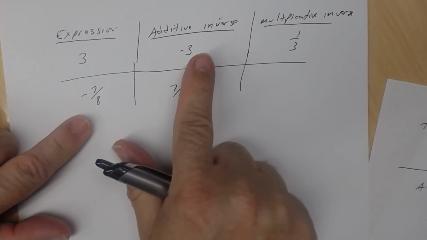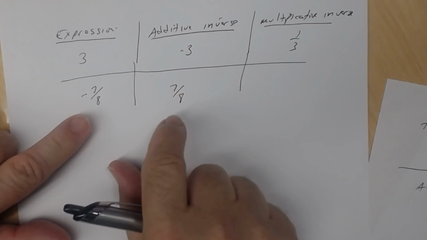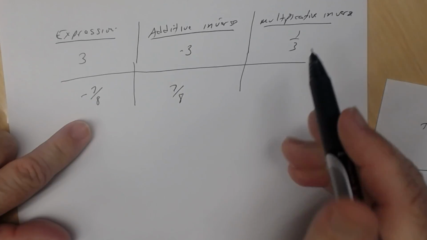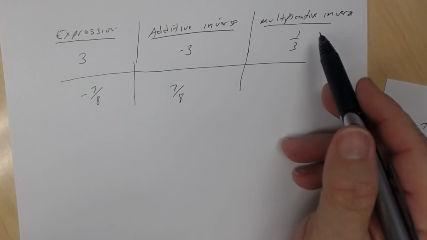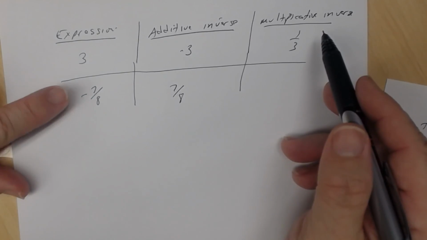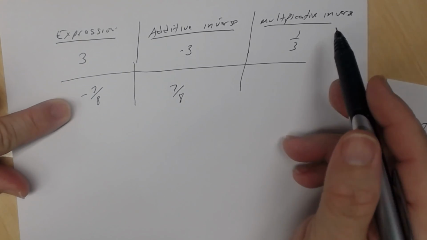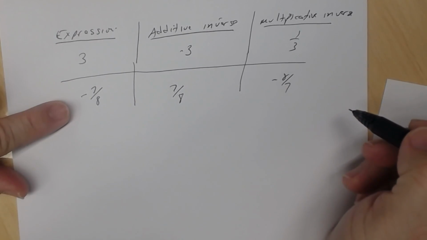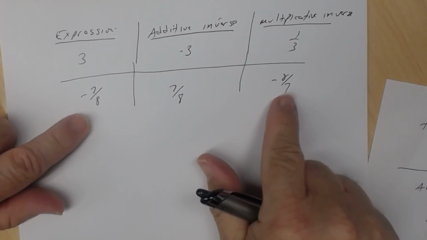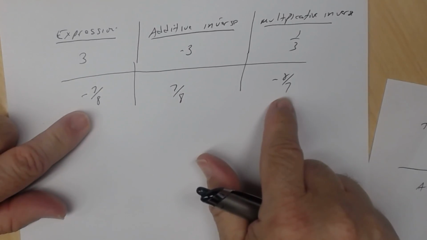For the multiplicative inverse, the reciprocal of negative 7/8 is a negative 8/7. So when I multiply negative 7/8 and negative 8/7, I get 1.